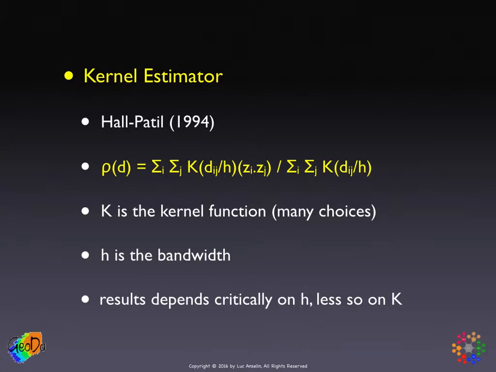The K is actually a weight, and the weight is a function of the distance between i and j, with a smaller weight as the distance increases. And the h is there as a bandwidth cutoff. So some kernel functions, for example a triangular one, have just a linear decay with distance up to the bandwidth, and then beyond that it's zero.